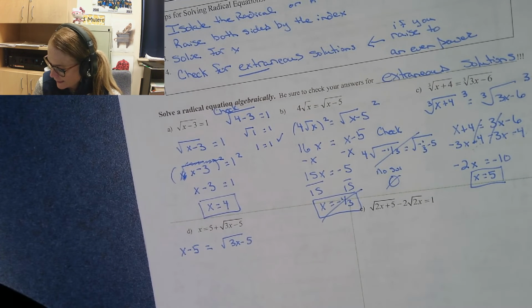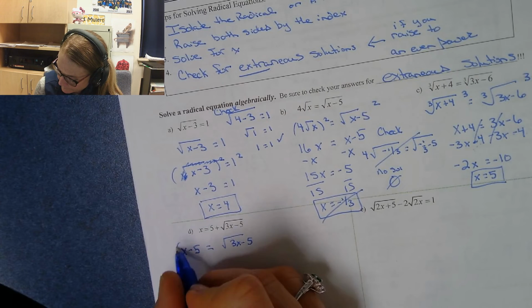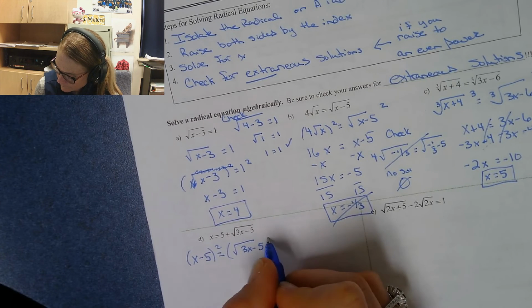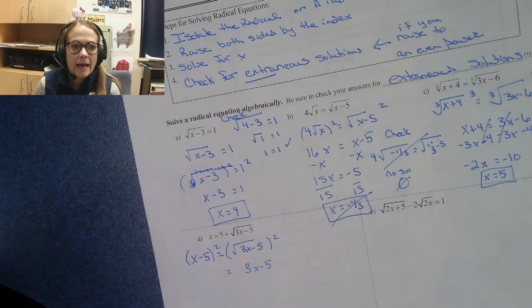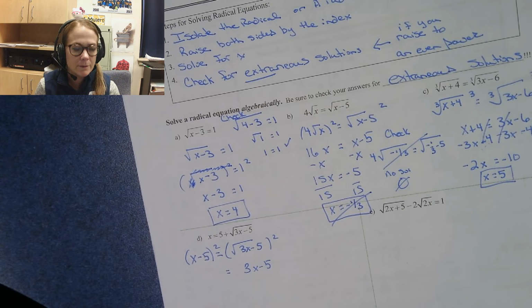When I isolate the radical, it looks like this. And I'm going to square both sides. So that's 3x minus 5. Yay! And then on the left side, most students want to write down x squared plus 25, or x squared minus 25, because that's easier, and we sometimes like the easy path, but it's not right.